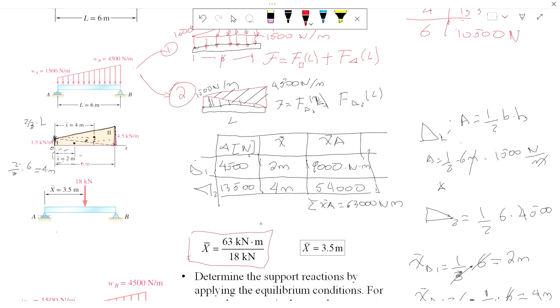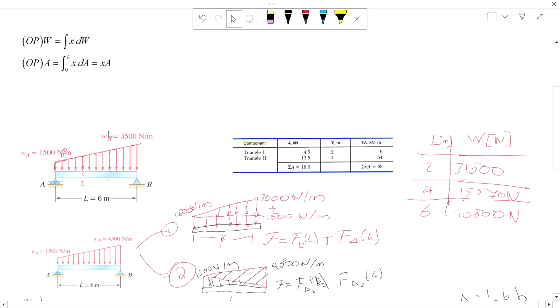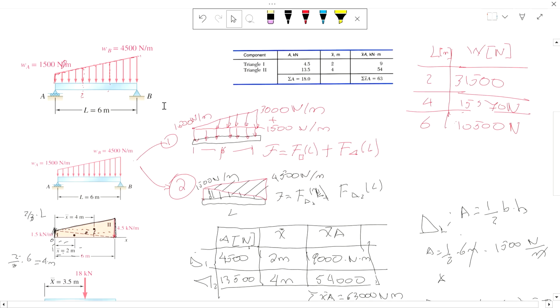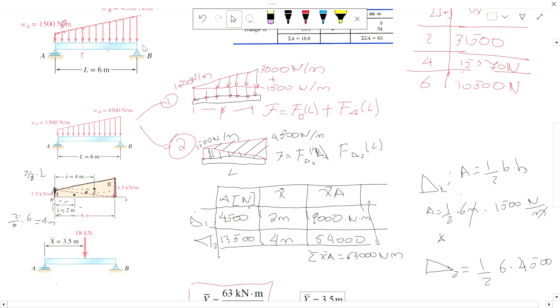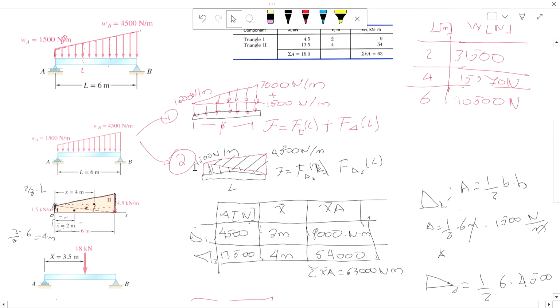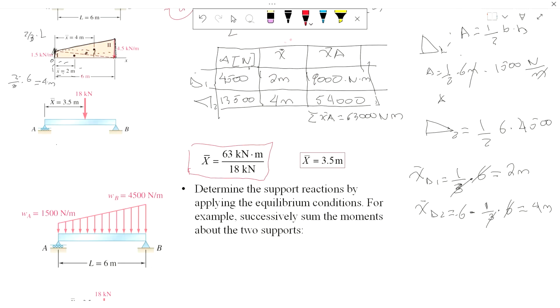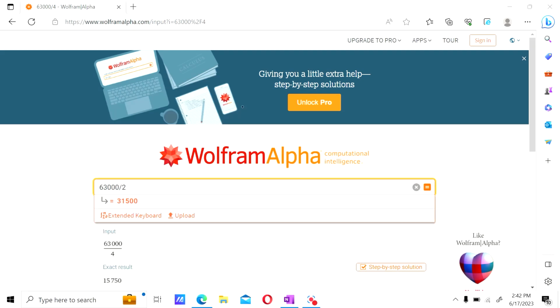So we have the summation of area is 13,500 plus 4,500.